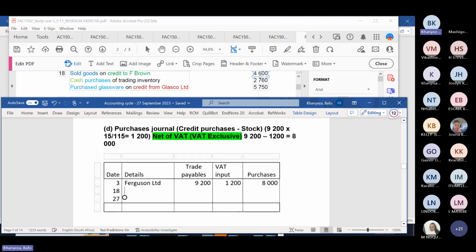So this is the purchases journal. The name is Glasgow Ltd. So they bought purchases of 5750 from Glasgow. So the total is 5750.